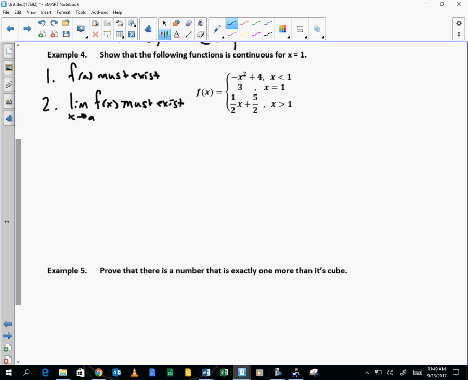The limit must exist. And then the limit as x goes to a of f of x must equal f of a. So if you plug in a, you get f of a.